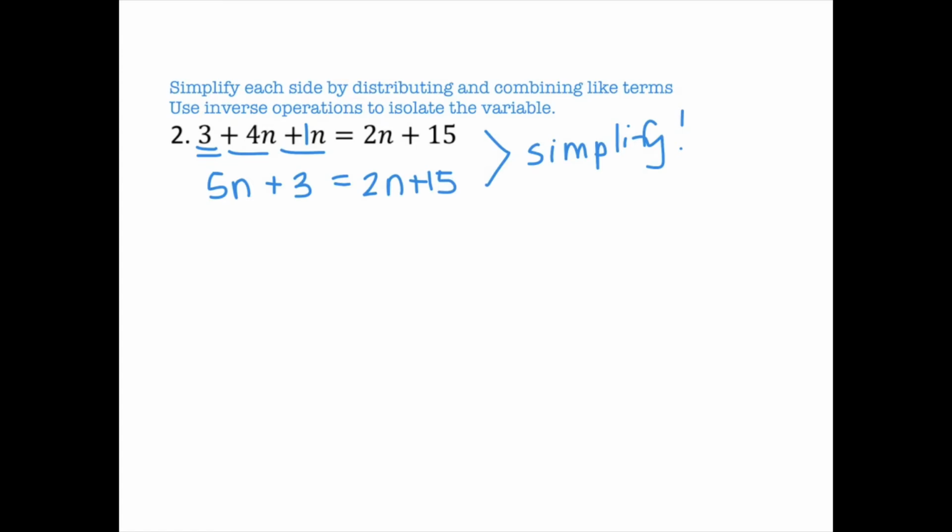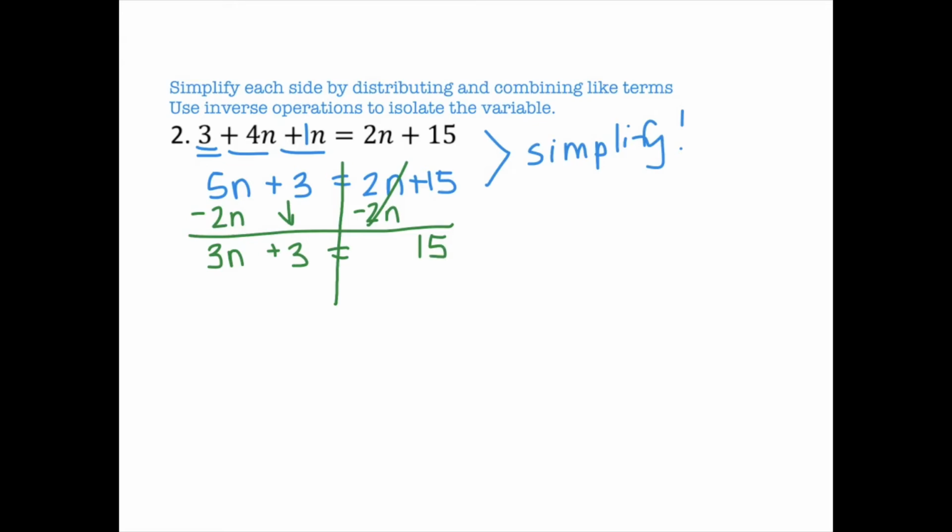What I'm going to do first is realize that I do have this equation that now I'm going to subtract 2n from both sides, and that will bring all of my variables to one place on the left. 3n plus 3 equals, well, these two n's will subtract out, 2n minus 2n, so that equals 15.